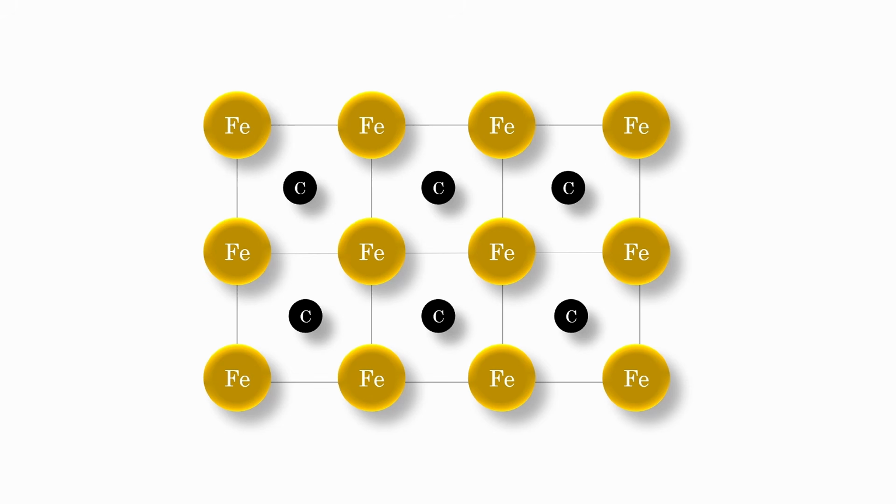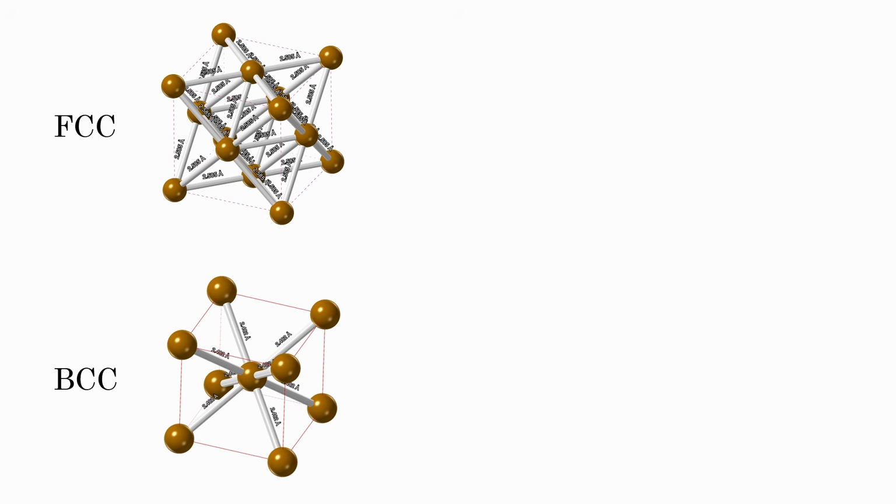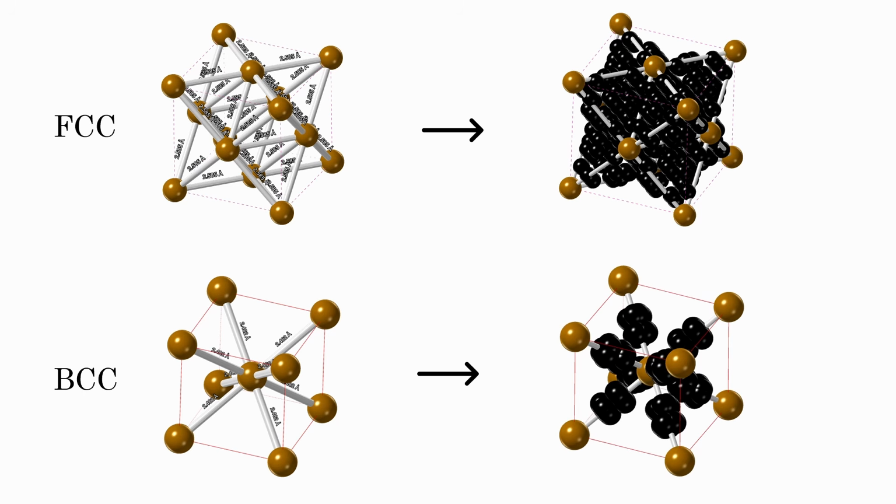These empty spaces are called interstitial sites. FCC austenite has larger octahedral sites, while BCC ferrite has small tetrahedral sites. This is why FCC austenite absorbs carbon easily, around 100 times better than BCC.